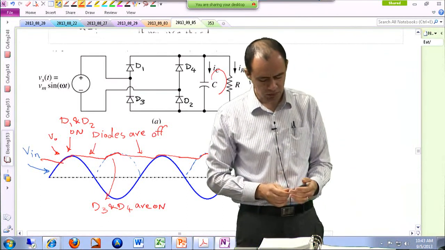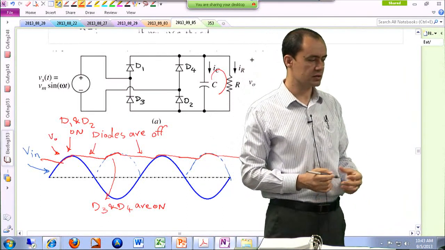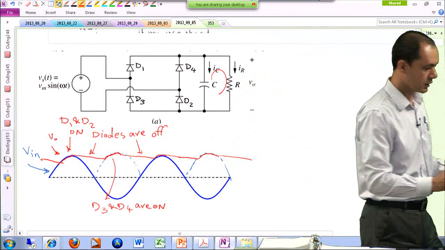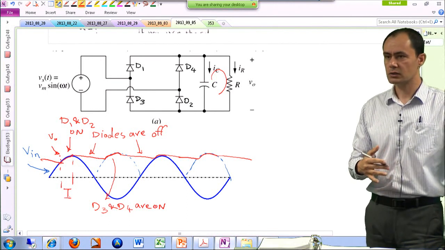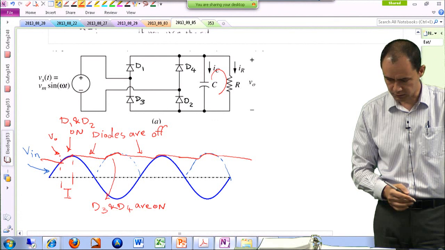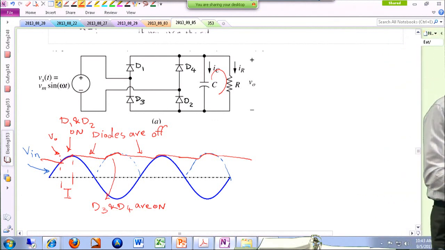All right, so we can identify 3 modes. I would label this mode 1. In mode 1, D1 and D2 are the ones that are conducting. And I will identify this to be mode 2.